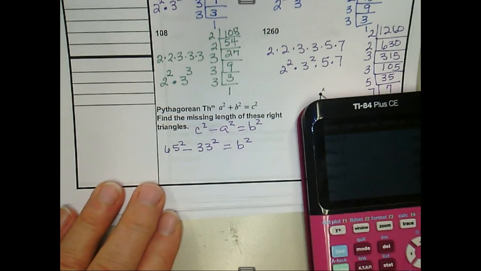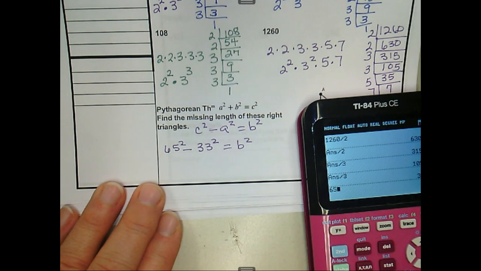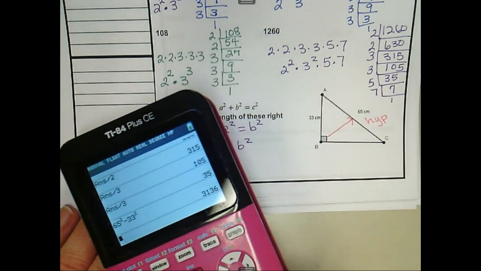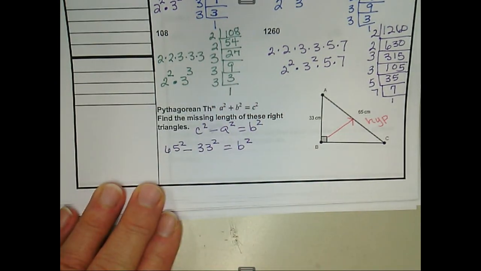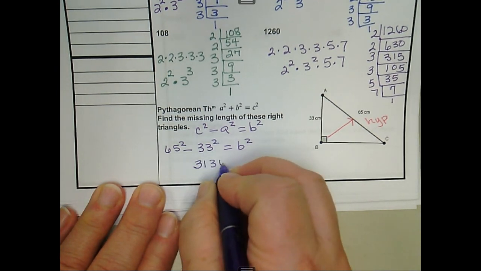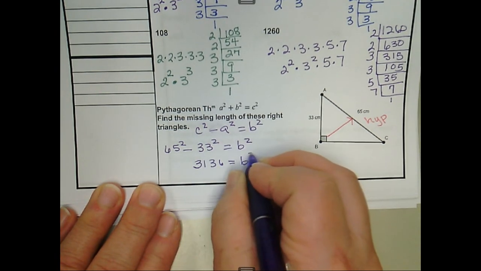So what is 65 squared minus 33 squared? It is 3,136. And that is equal to B squared.